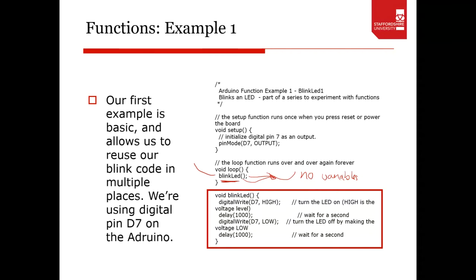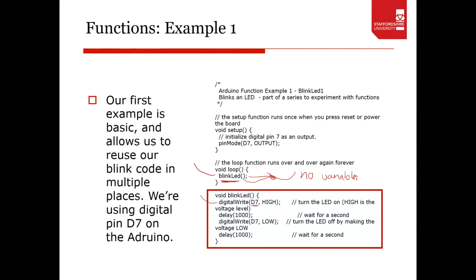The reason is, in this case, in the function here, we've got D7, the void blinkLED function can directly know that D7 is pin digital 7.